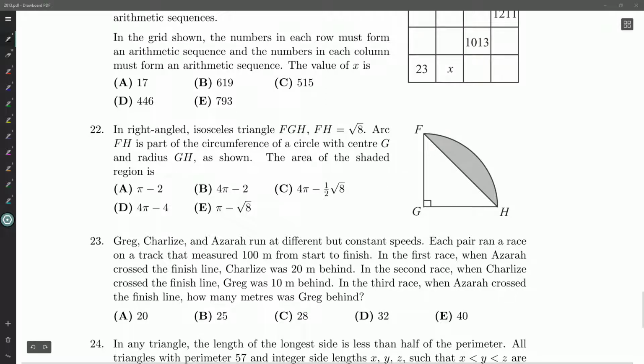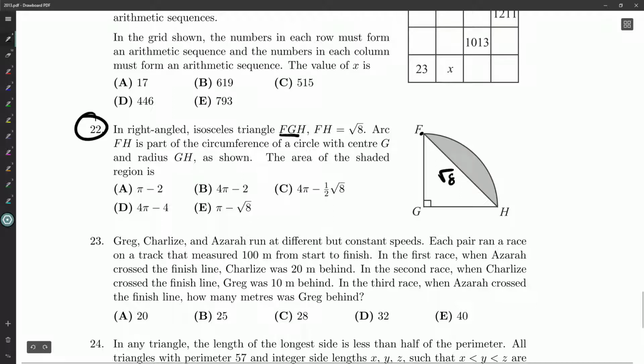In this video, we're going to be looking at question number 22 on our 2013 grade 8 Gauss contest. In right-angled isosceles triangle FGH, FH, so this hypotenuse here, is root 8.